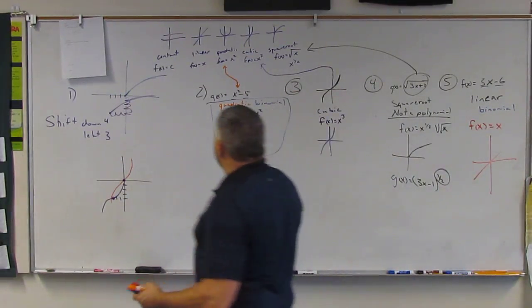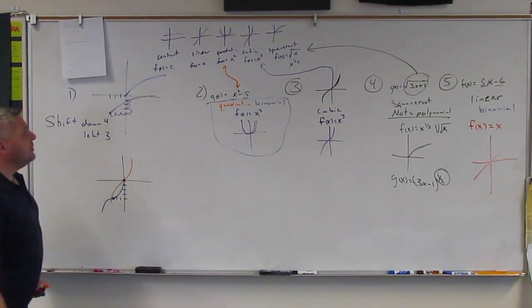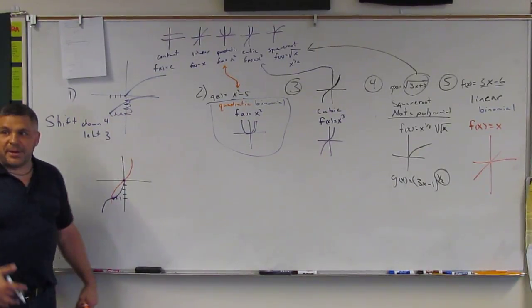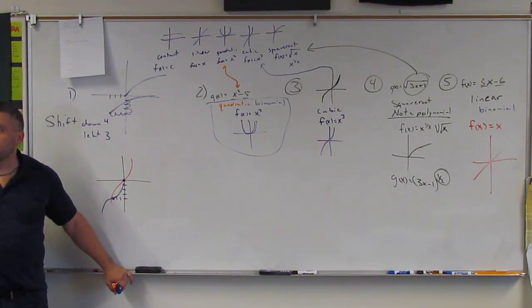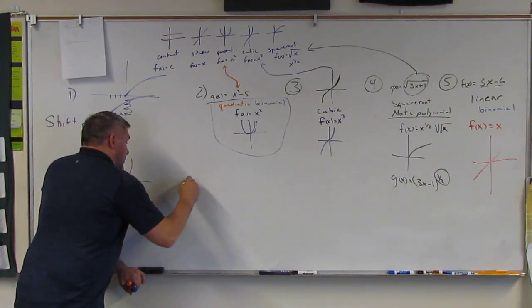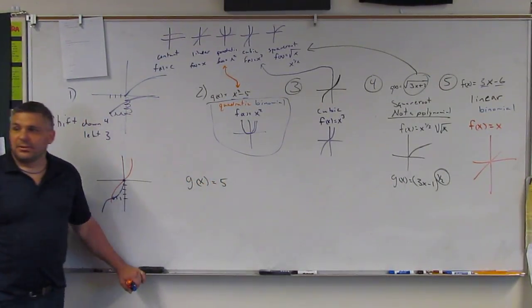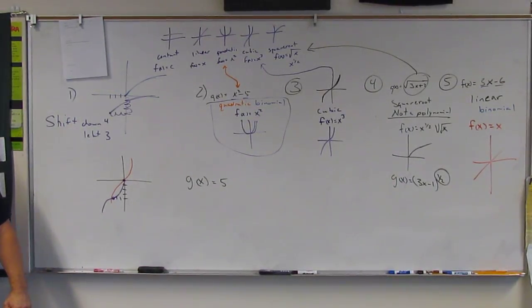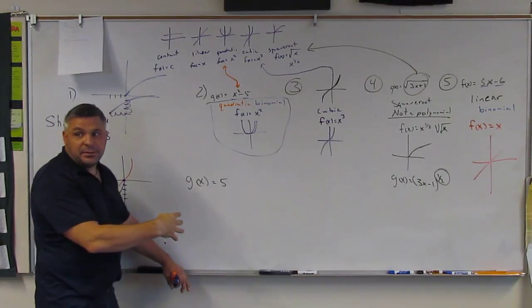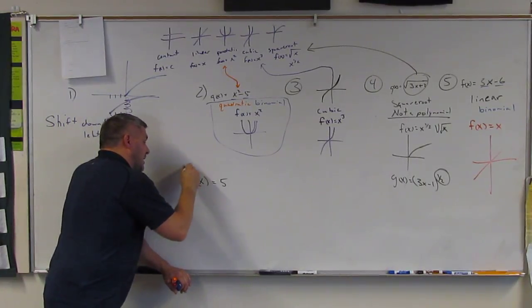So let's talk about the one we didn't talk about yet. We didn't talk about the constant. What would it look like? G of x is equal to 5. Notice there's no x there, right? It's just a number. This is a constant.